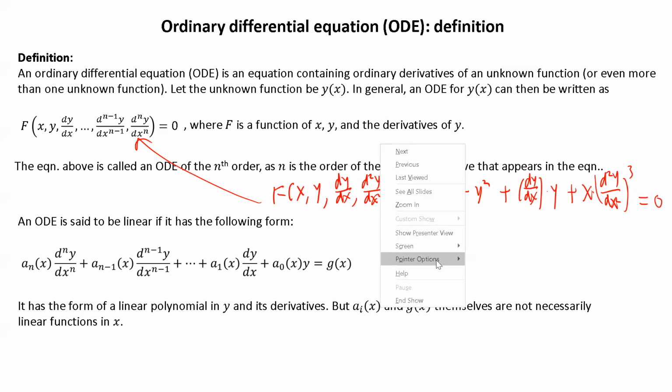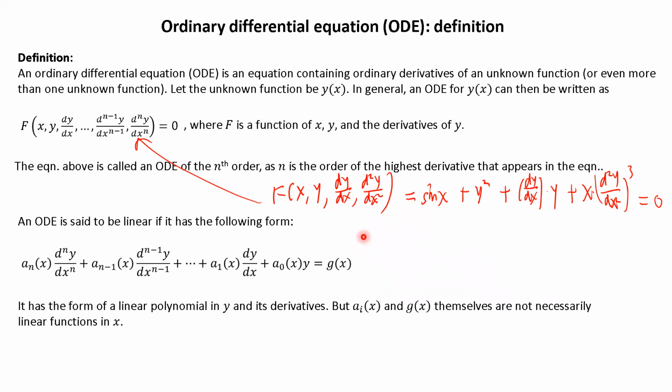But one of the types of ODE that we'll consider a lot is a much simpler type, which is known as the linear ODE. Linear ODE is not the only one that we are considering, but this is a very common type. For a linear ODE, the left-hand side can be simply expressed in the form of a linear polynomial in y and its derivatives.